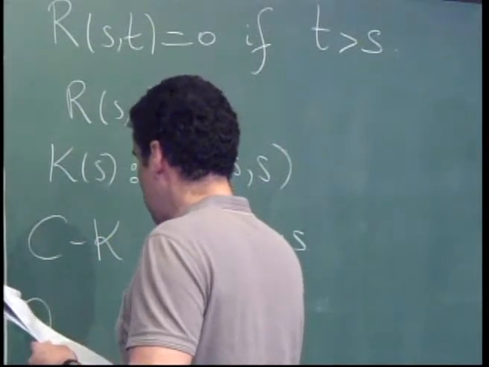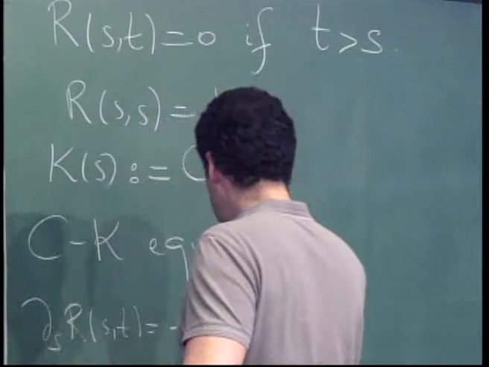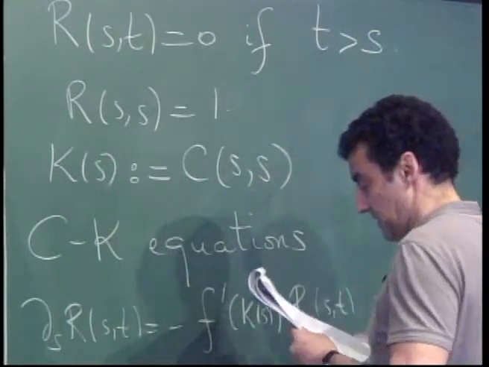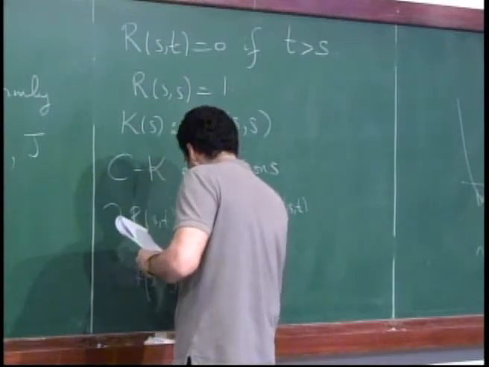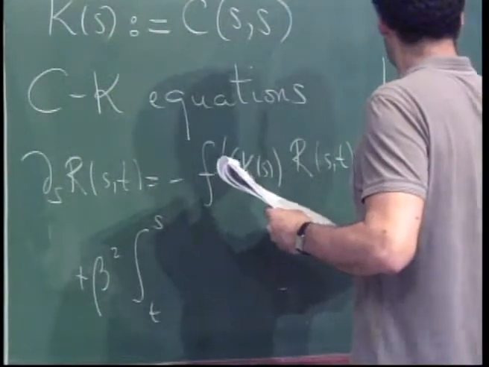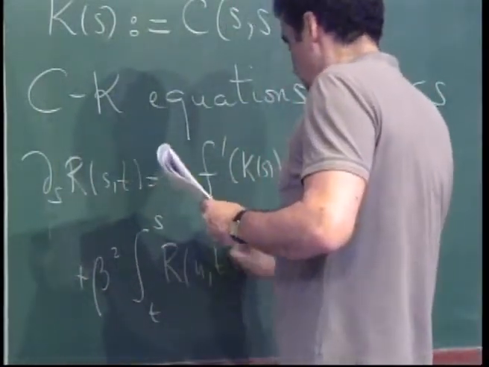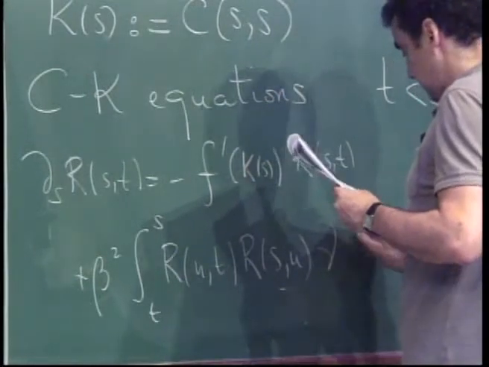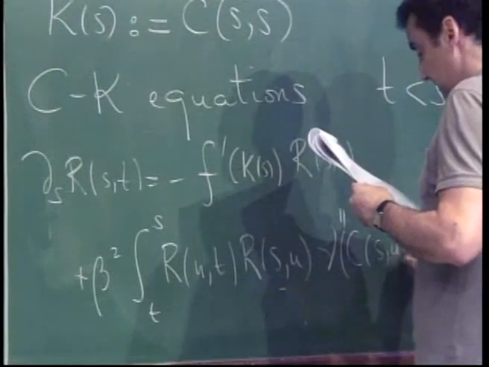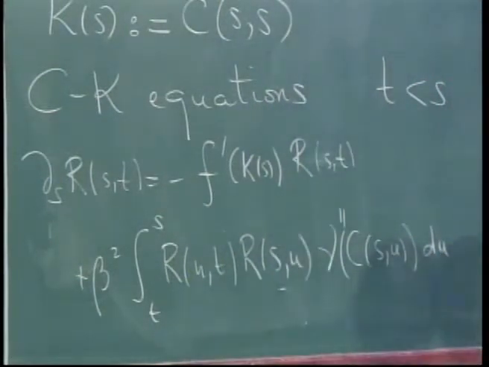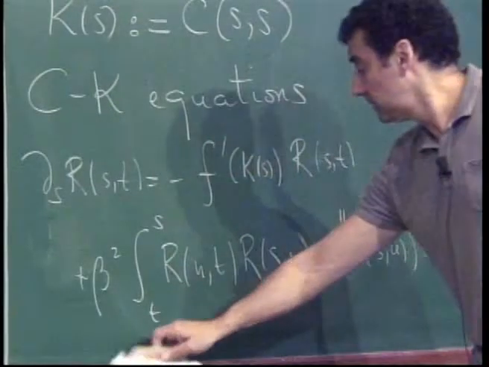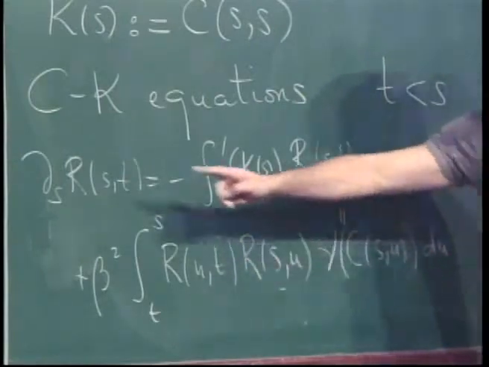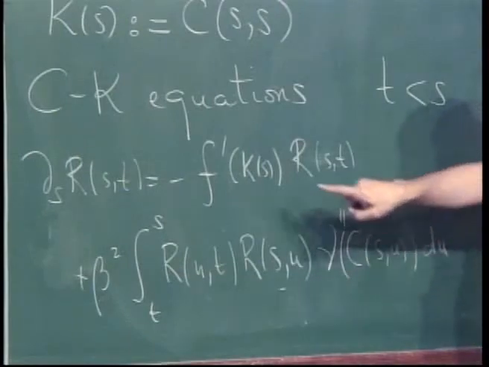They are the derivative in S of R and S and T is minus F prime K of S, R of S and T, plus beta square, the integral from T to S, so T is smaller than S here, of R U of T, UT, R S U, nu second of C of S and U, du, and that's for R. So you see it's already a painful equation because it's nonlinear, integral, differential, and it's coupled because you have C here, and you also have C hidden here.